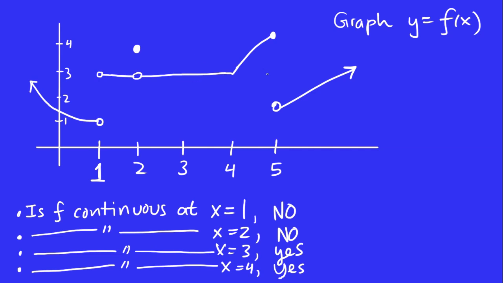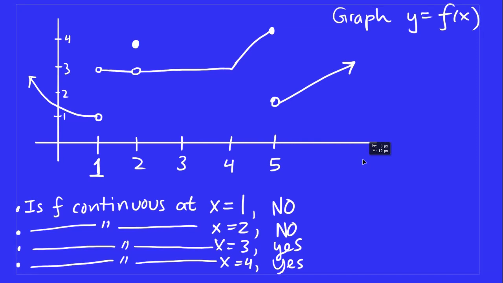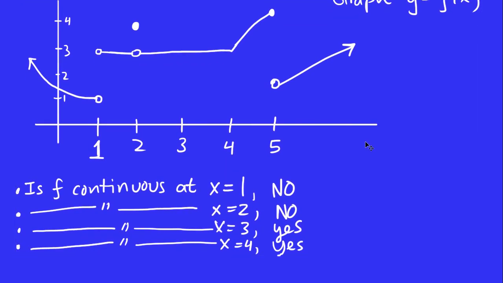Now, when we come to the next number, 5 here, notice at 5 we have a solid dot, and actually we have to have this solid dot there because it means something important in this situation. Let me ask you a question. What is f of 5? If you look at this graph, what is f of 5? Is it going to be like this number, 4?